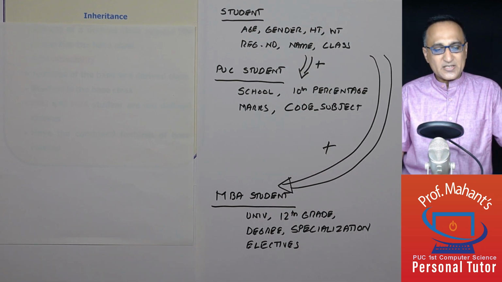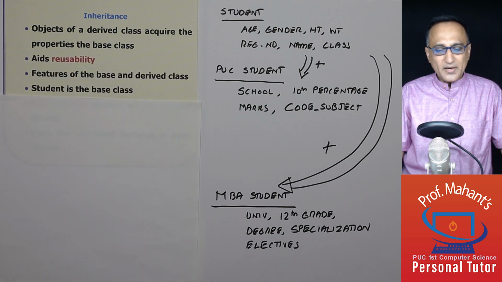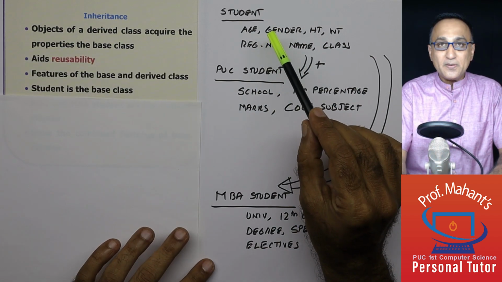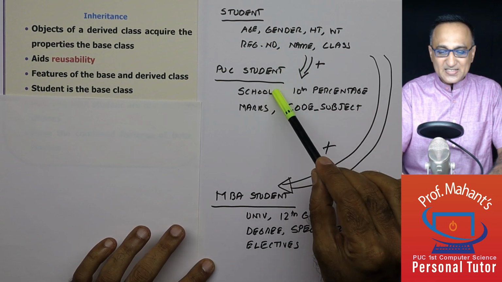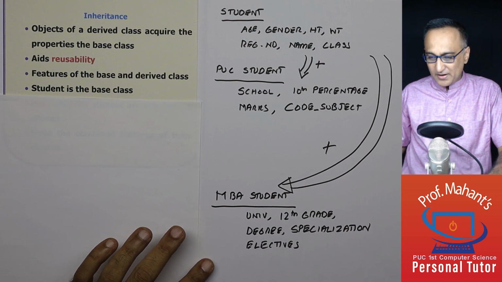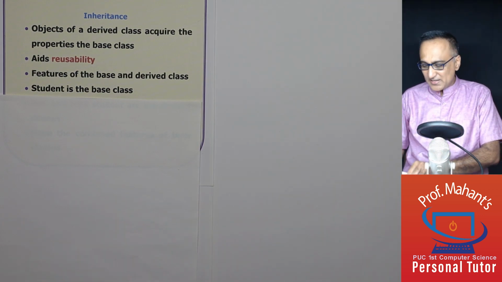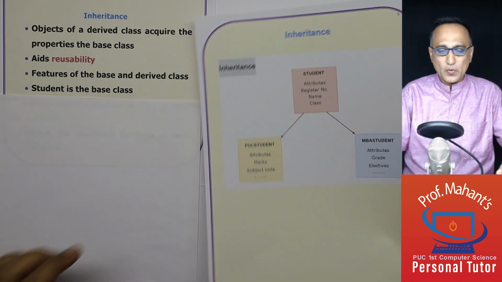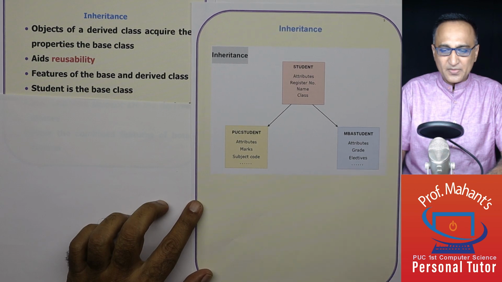Now let's try to understand what inheritance is. If you look at it, you can consider student to be the original or the base object or base class. This is the derived class. This is also a derived class. So let me take a diagram which helps you understand this concept in a much easier way. So here you go. Take a look at this diagram.